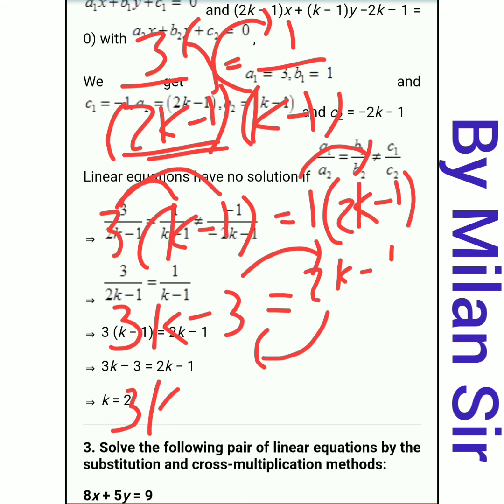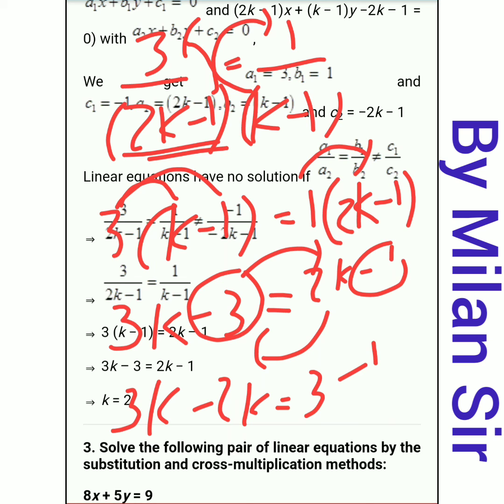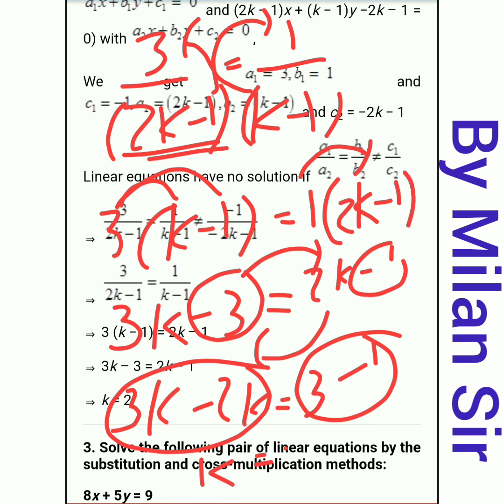So here 3k is already there. If we transfer plus 2k from right hand side to left hand side, it becomes minus 2k. Now if we transfer minus 3 to the left hand side, it becomes plus 3, and minus 1 is already there. So 3k minus 2k, it is k, means 1k, it's a k. Okay. 3 minus 1 is equals to 2. So our value of k is equals to 2.